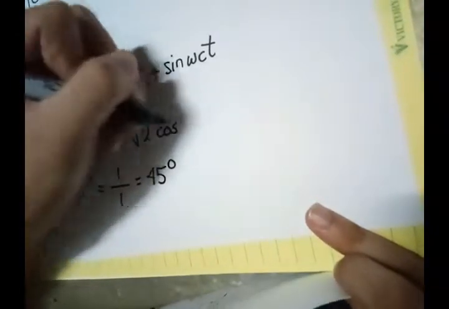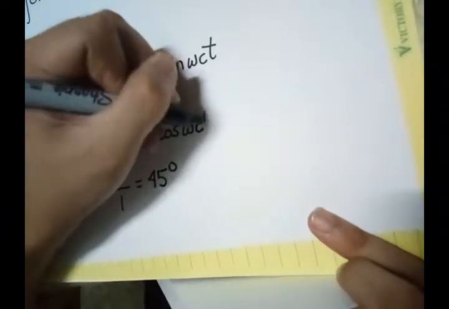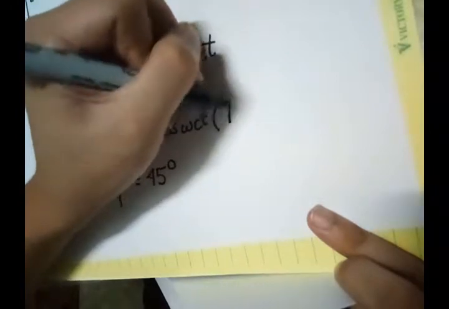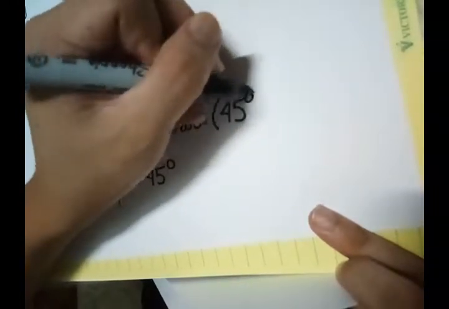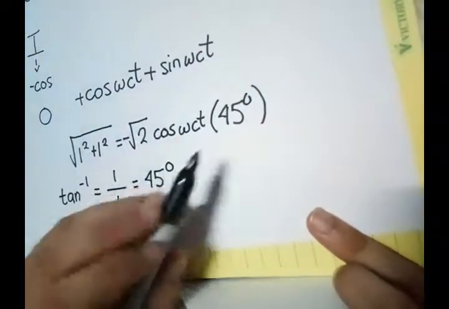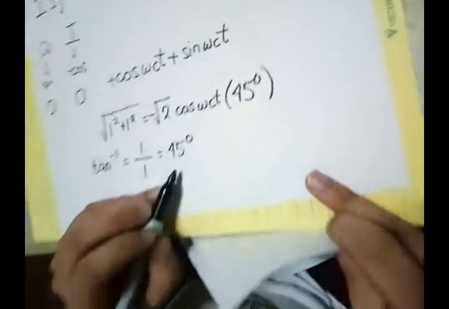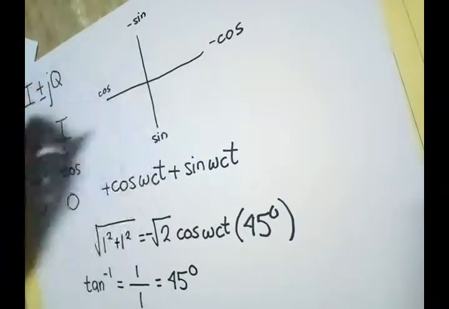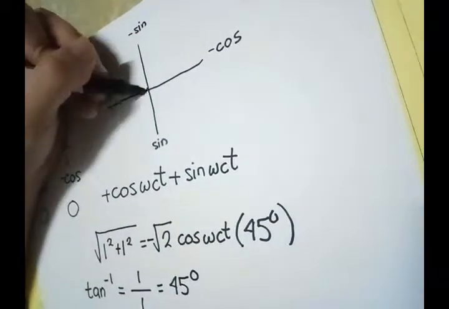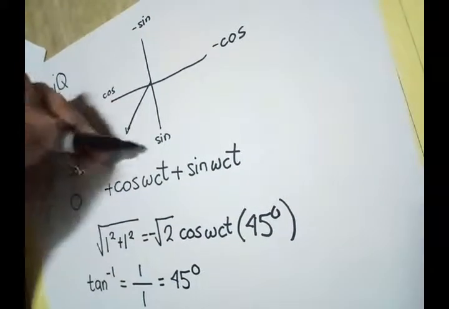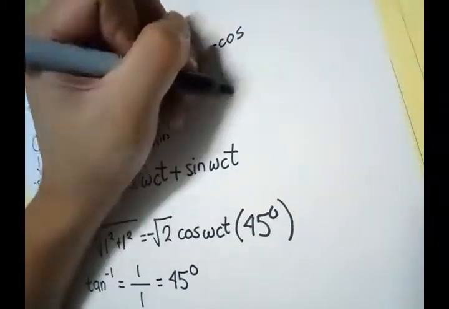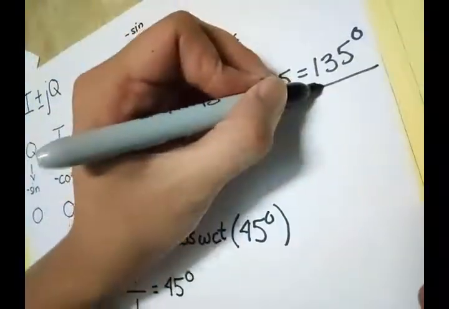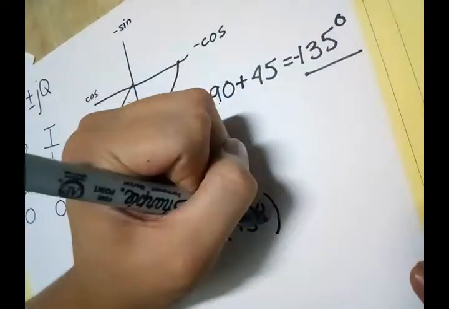Combining the two results, we're going to have square root of 2 cosine omega ct 45 degrees. Now, based on the phasor angle, we're going to look for where positive cosine and negative sine is, which is in quadrant 3, which is negative. And so we're going to add 90 degrees to the 45 degrees. Then we're going to have it negative since it's in quadrant 3.